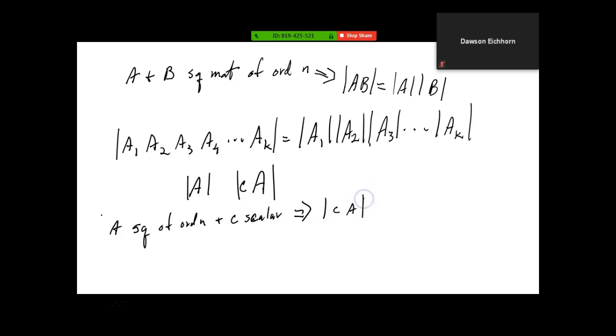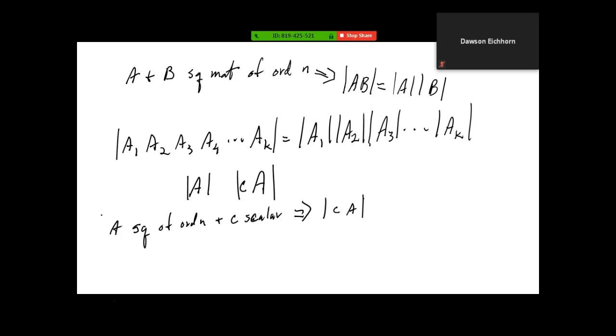Again, I want you to picture in your mind any old square matrix A. If you multiply C times that, you're multiplying C times every element in A. Every element in the first row, the second row, the third row, first column, second column, every element gets multiplied by C. Remember when we're doing the determinant of a matrix, you take one row or one column and you go across and multiply it by everything else.